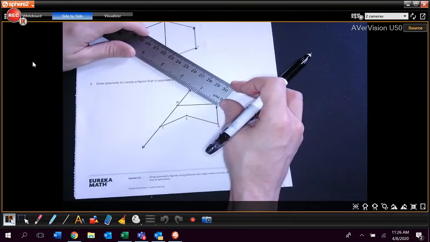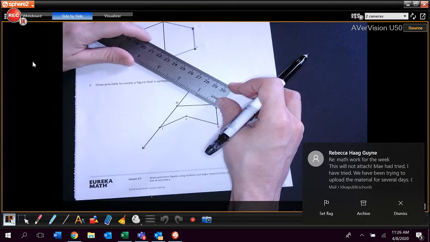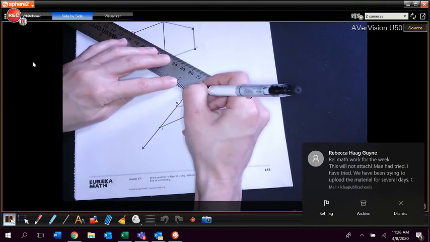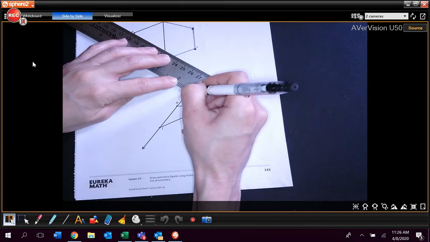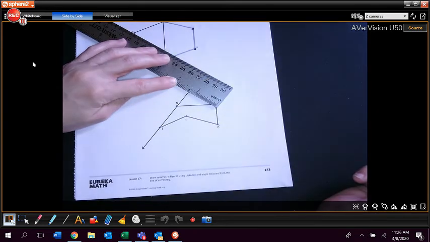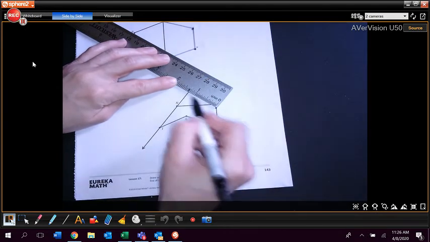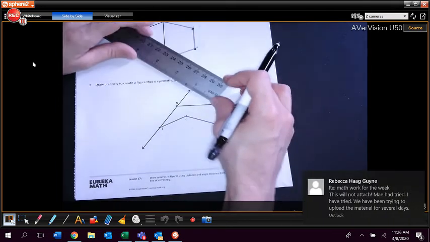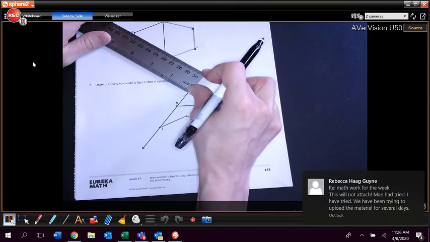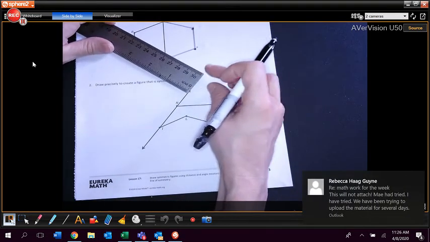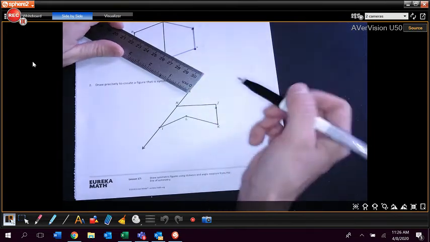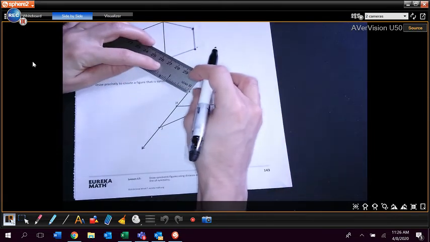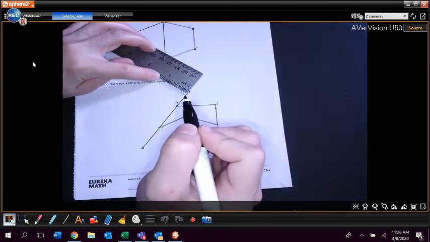So I'm going to place my ruler right there. And I can see that if I measure this on my ruler, it's right there. That's the distance from J to the line of symmetry. So now all I'm going to do is move my ruler this way, and I am going to see from the line of symmetry to here.